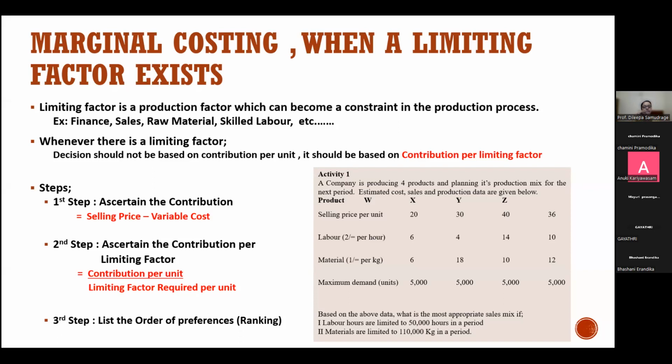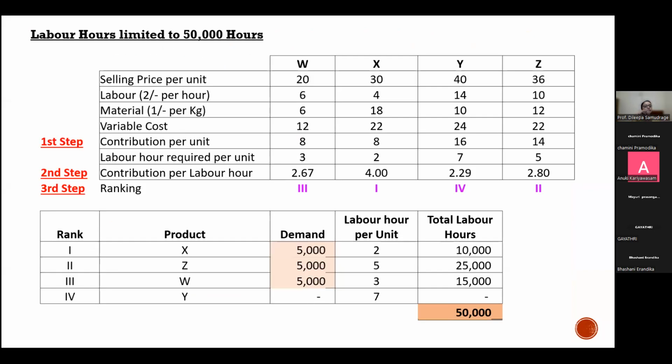Let's move on to the next slide. In slide 2, we can see the question where the labor hours are limited to 50,000 hours. Madam, shall I explain this slide also? Yes, you can explain how you decide the production mix.